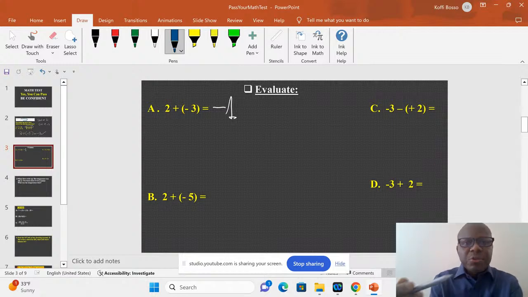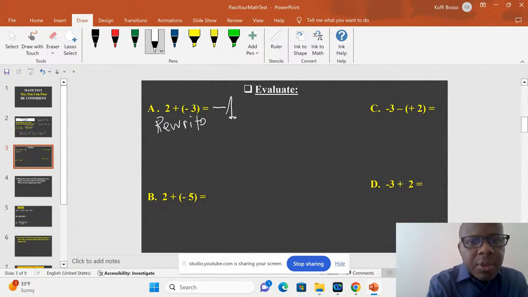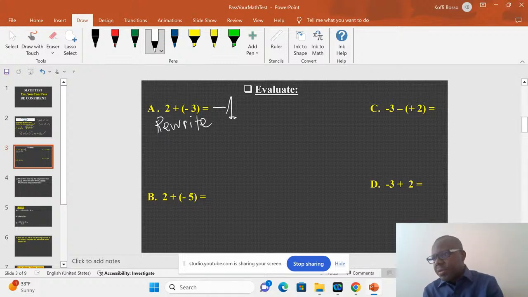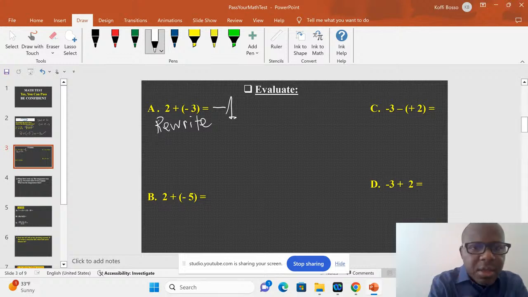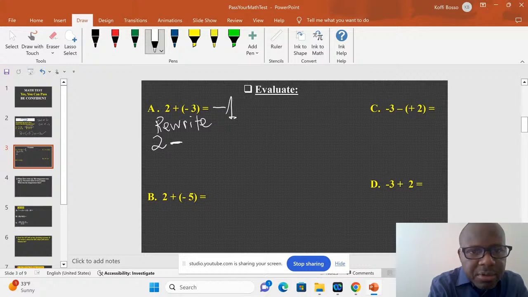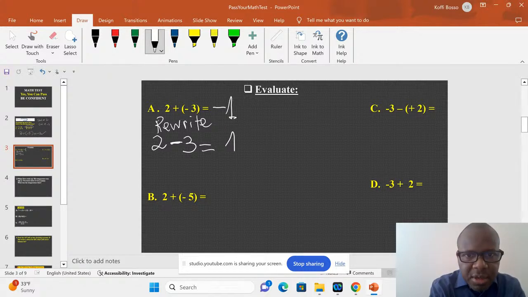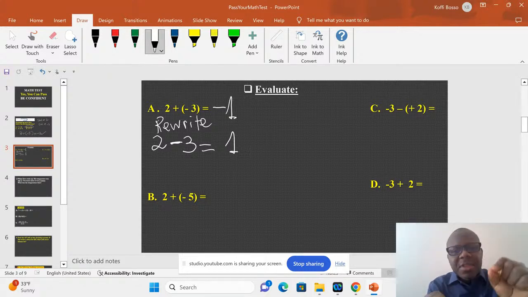Another way to solve this same question is that you're gonna rewrite it without parentheses. So you take a 2. Now the plus minus becomes minus, and 2 minus 3 is to do what? Take 2 from 3, you get 1, and give the sign of 3 to the result.